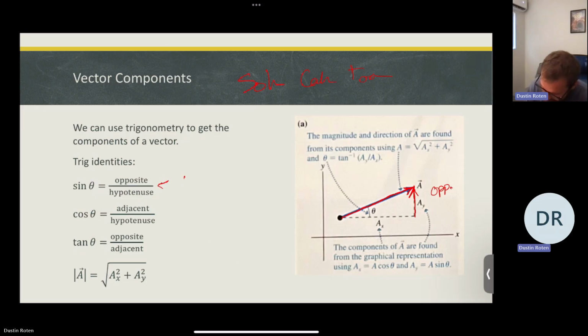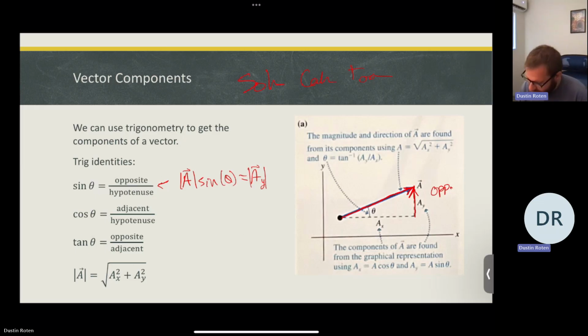So this is going to be the magnitude of the hypotenuse, sine theta. Well, that is going to equal the opposite, because when we solve for opposite here, that's what's going to be on the right hand side. The opposite we said was Ay in this case. So it gives us the magnitude of the Ay vector.